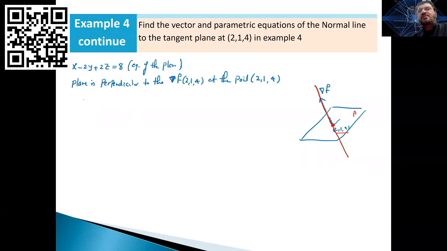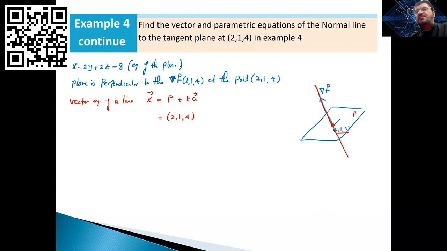Remember, what's the vector equation of a line? X equals P, the point, plus tA, or tD. What's the point here? The point is 2, 1, and 4.